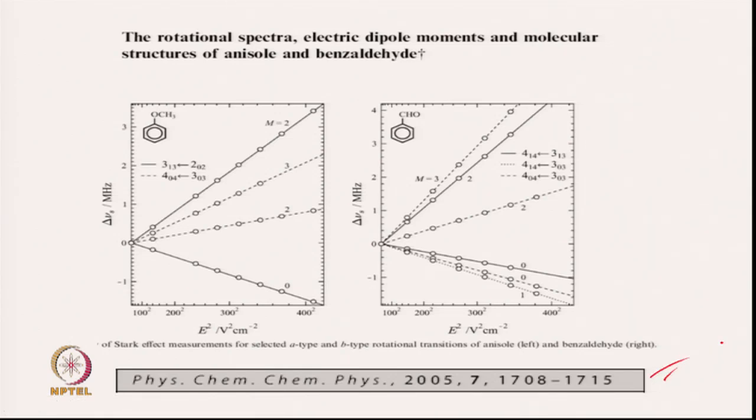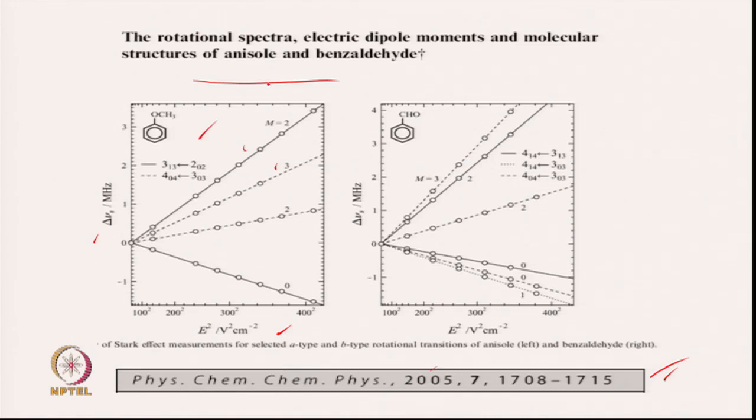I am showing you the calculation done in a paper. This is a paper from PCCP that was published in 2005. They calculated the dipole moment of anisole and benzaldehyde, and here you see delta nu versus E square. That is what we generally plot to get the dipole moment, and they have calculated the dipole moment using this plot.